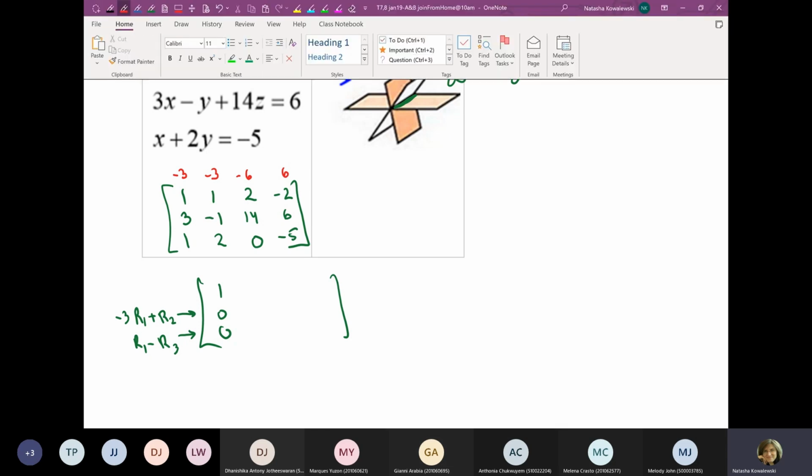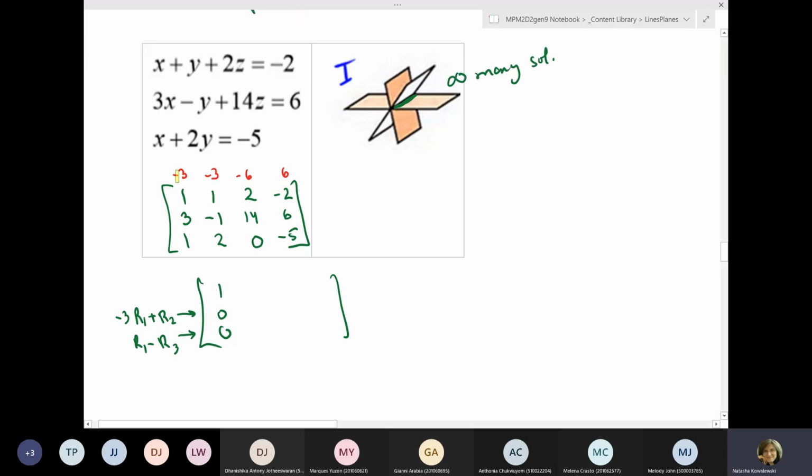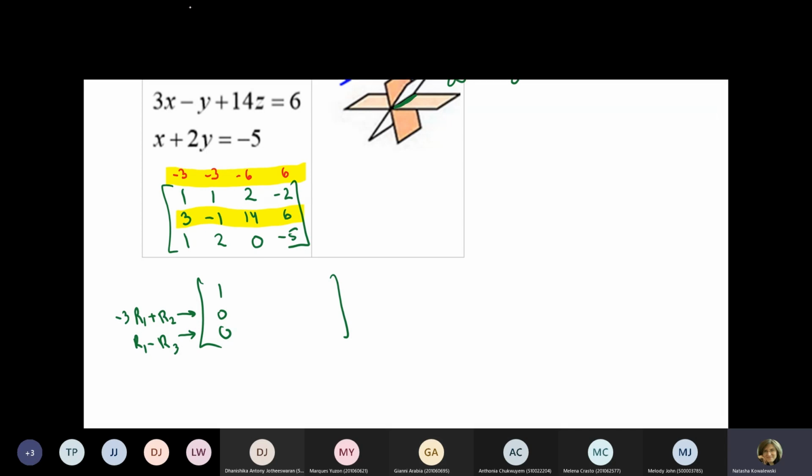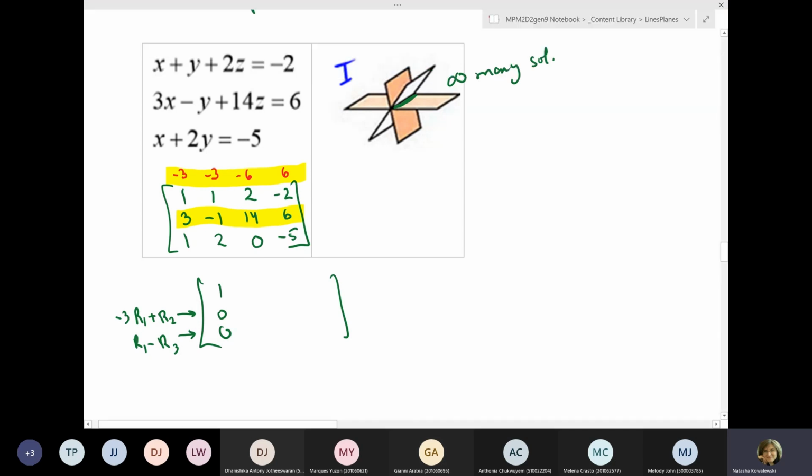Okay, and if I highlight for myself so I know what I'm doing, this one and that one added together. If you want to glance at mine to see if you have your middle row correct.